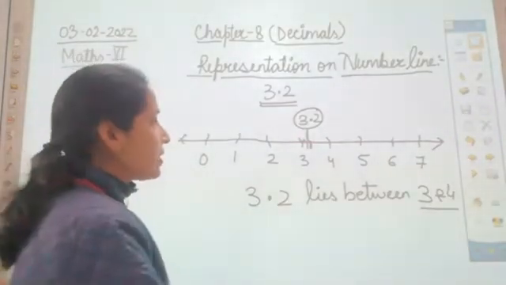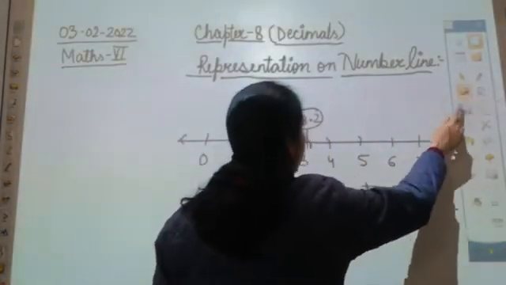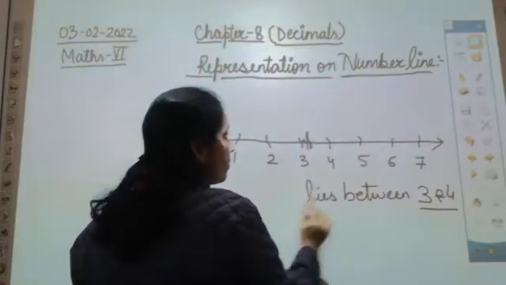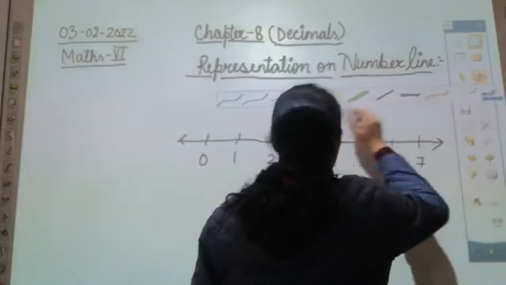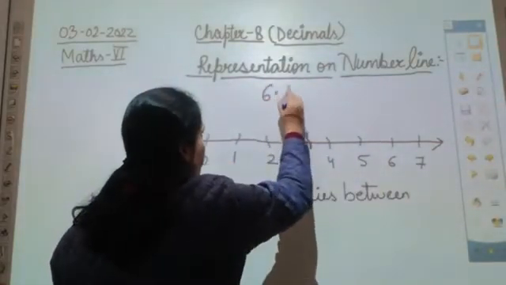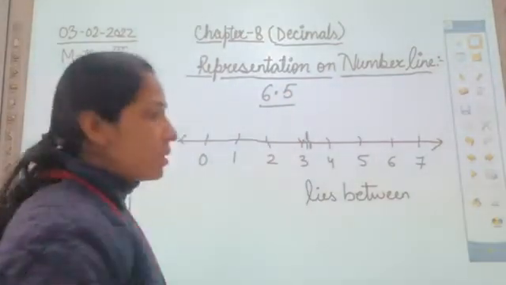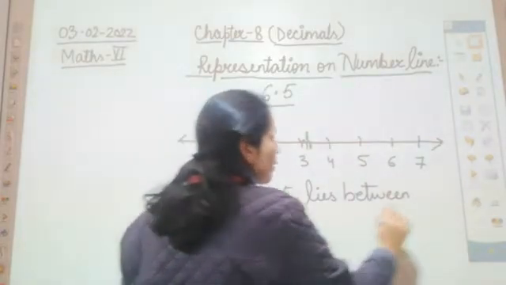Now let's take another example of the number line. Instead of 3.2, suppose you are given 6.5. So 6.5 lies between which two numbers? 6 and 7.